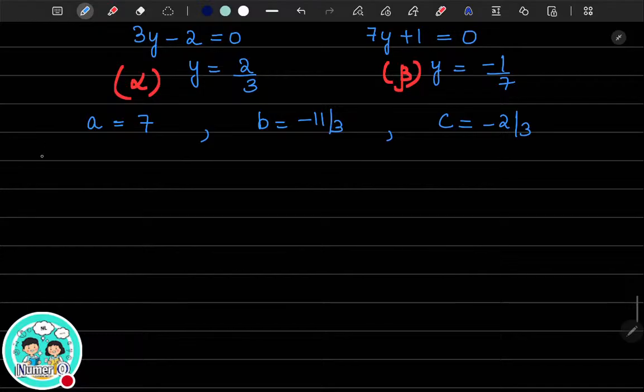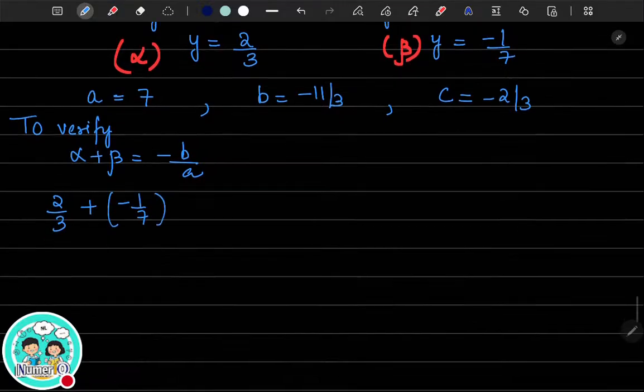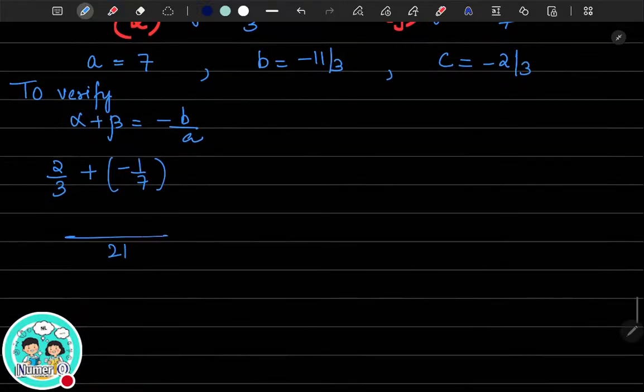Let's just verify it. So to verify, alpha plus beta equal to minus b by a. What is alpha? 2 by 3 plus minus 1 by 7. So your LCM is 21. Again 14 minus 3. So what do you get? What is 14 minus 3? 11 by 21. Equal to, what is minus b by a?